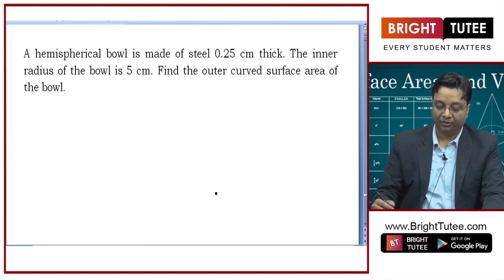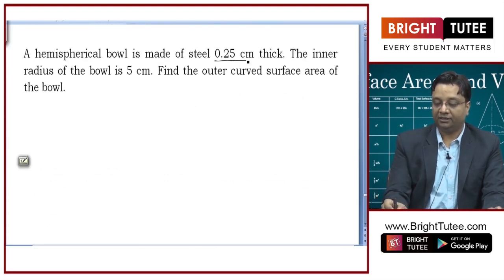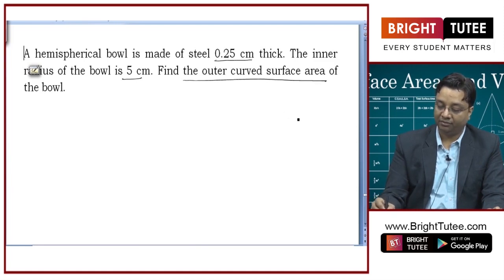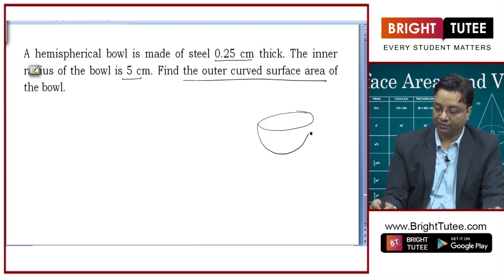A hemispherical bowl is made of steel 0.25 centimeter thick. The inner radius of the bowl is 5 centimeter. Find the outer curved surface area of the bowl. So the bowl is something like this, okay, and it has got a certain thickness, and this thickness is given as 0.25 centimeter.